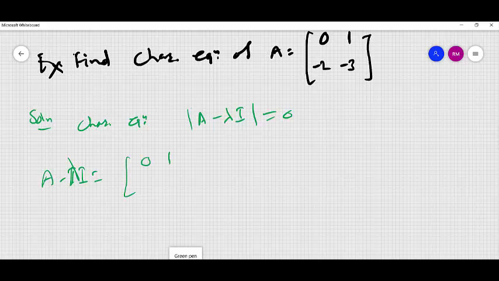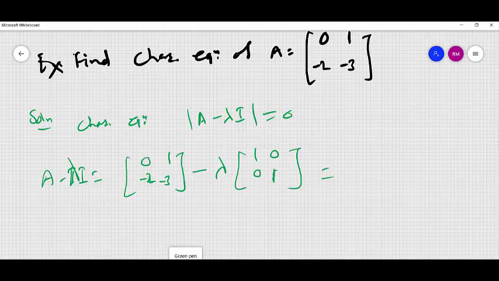So [0 1; -2 -3] minus lambda into [1 0; 0 1]. If A is of size 3 by 3, then it will be the identity matrix of order 3. If it is 4 by 4, the identity matrix of order 4.